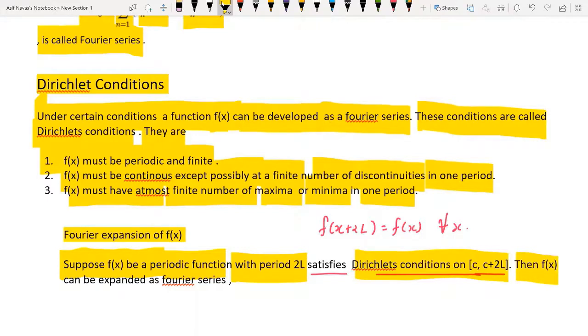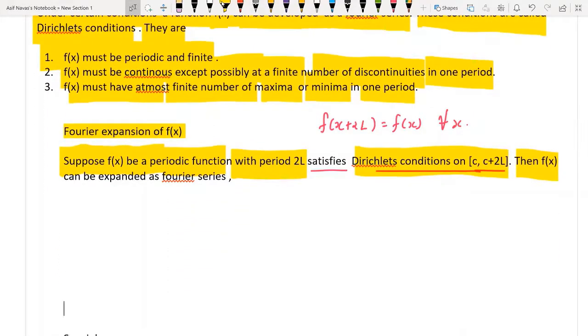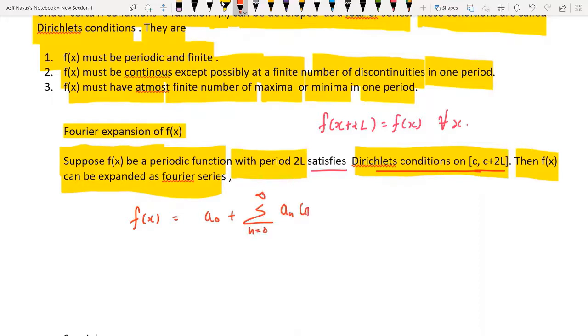Then f(x) can be expanded as a Fourier series of the form f(x) = a0 + Σ from n = 1 to infinity of (an cos(nπx/l) + bn sin(nπx/l)), where 2l is the period of f(x).